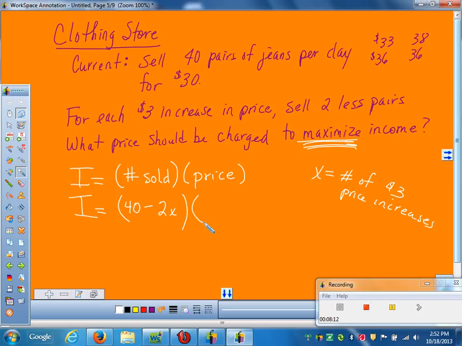What's the price I'm currently charging? Currently charging 30 bucks. What am I doing to it? I'm adding $3 for every price gain, so 3 times x. Okay, well, that's nice, but that's not quadratic.